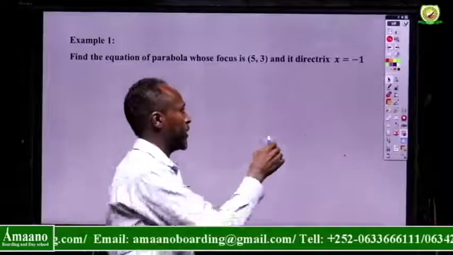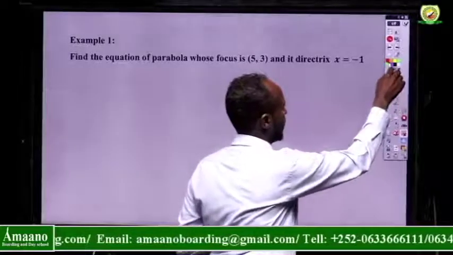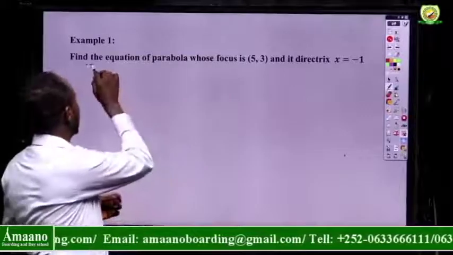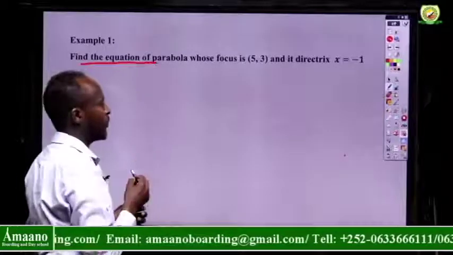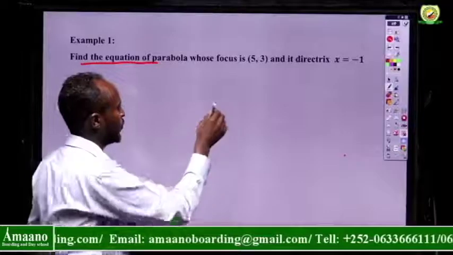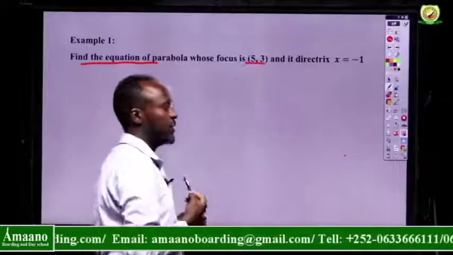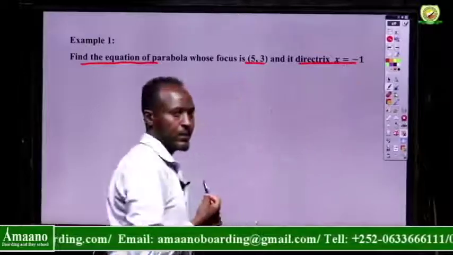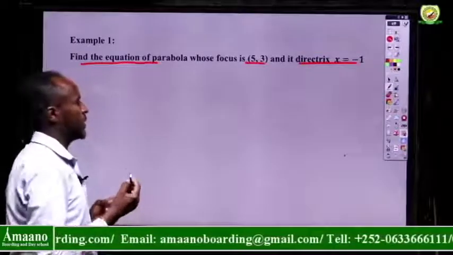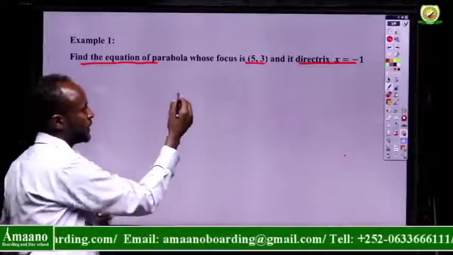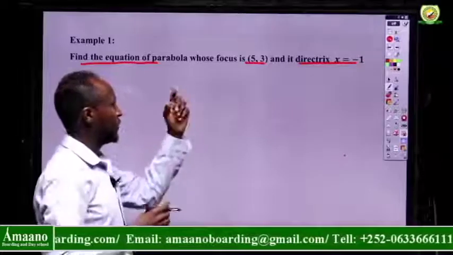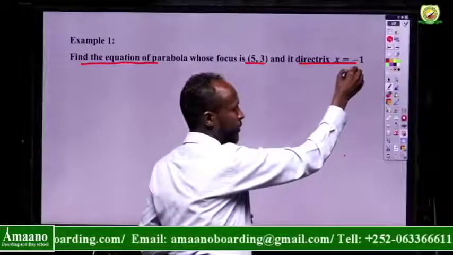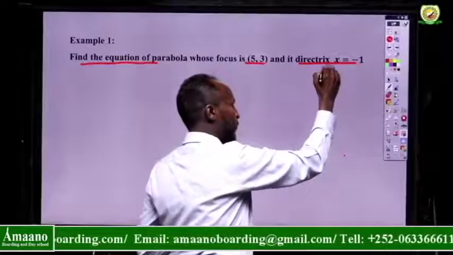In this example we are given some information about the required parabola. We are asked to find the equation of a parabola whose focus is 5, 3. And also we are given the equation of the directrix. First, let us see the concavity of this parabola. As long as we have the directrix as x equals -1, it means that we have a vertical line.